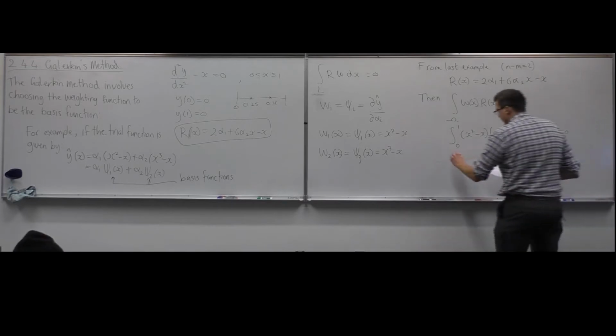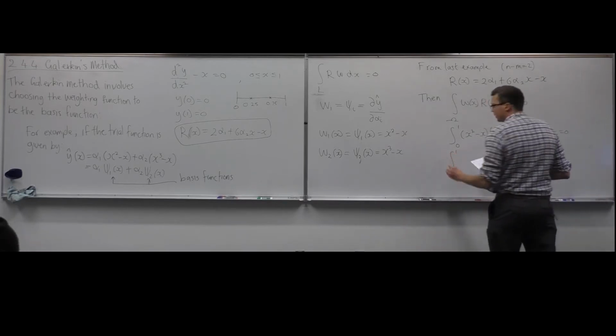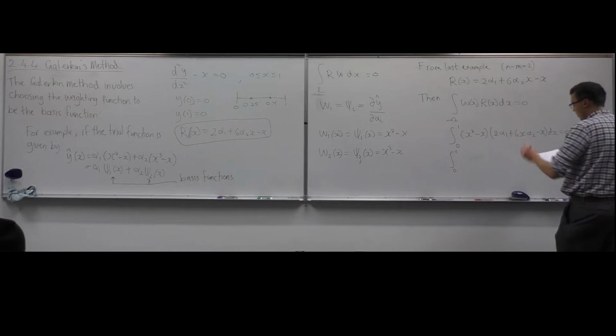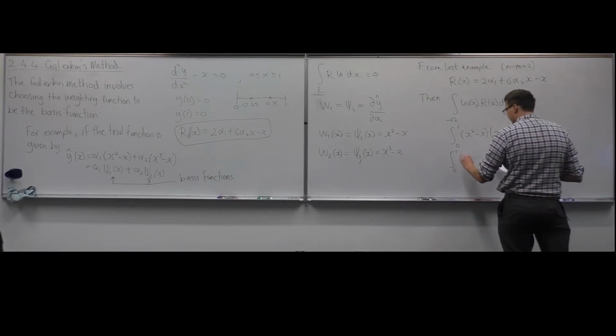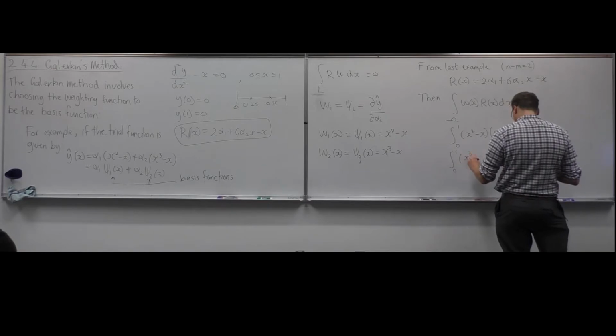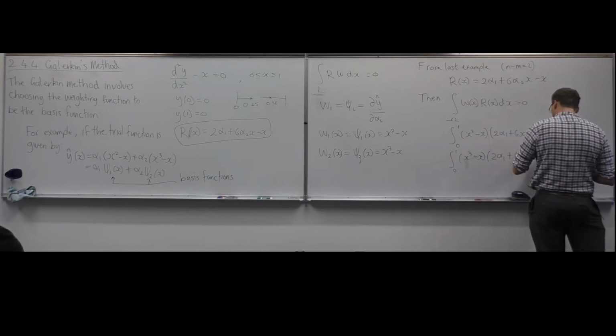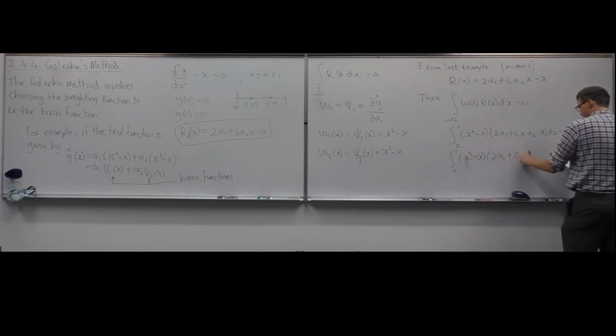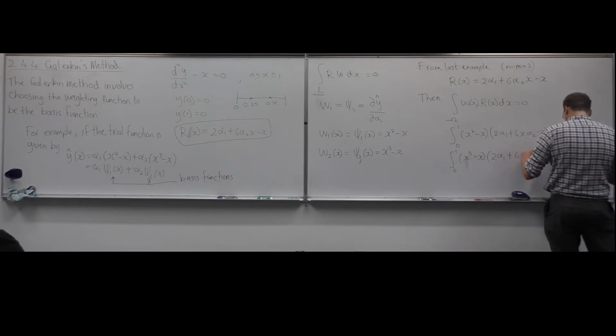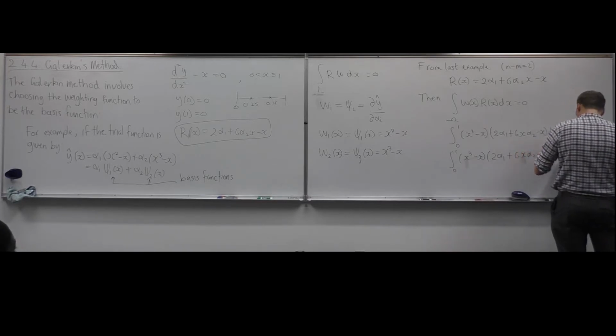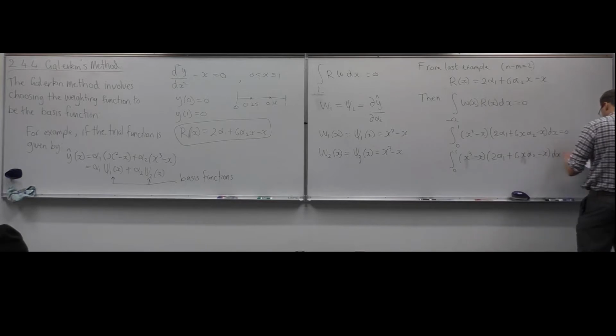And the second equation is the second weighting function, x to the 3 minus x, times 2 alpha 1 plus 6x alpha 2 minus x, dx, equal to 0. And so we have to integrate this.